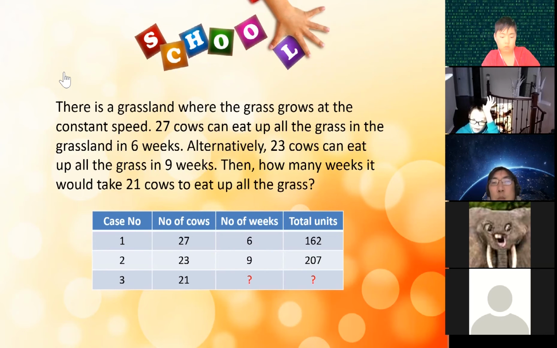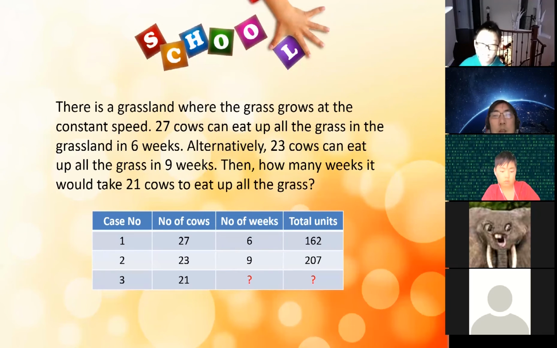Maybe you need more time? How about Johan, do you know that? 6 times, each week grows 15 units. Yeah, so 15 times 6, and then 162 minus 6 times 15. Very good. How about other students?